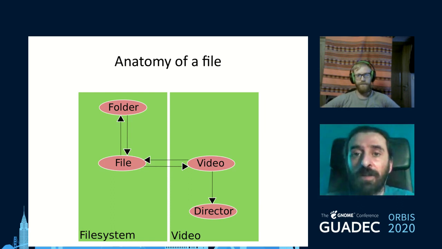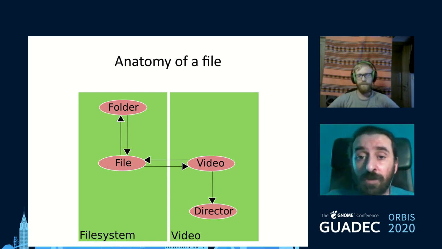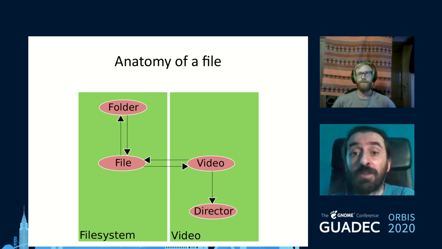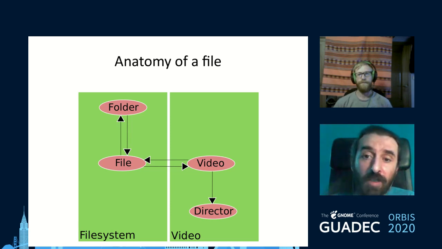They basically separate data in between, and we have a file system graph with the file system information, and you get file folder relationship or file size and whatnot, and then you get the video graph. In this case, if the file is a video, that would contain all the logical stuff inside the file, let's say all the metadata, the title, or how long it is, or the director, and everything. So there's a clear split between the logical data, which is contained inside the file, and the physical data, which is the file itself.